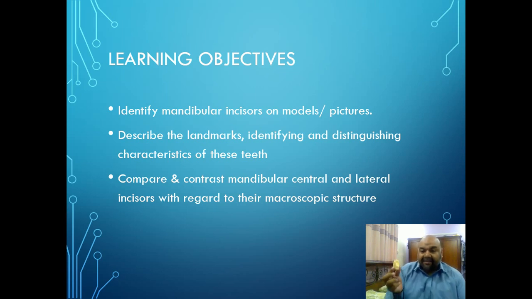We have characterized at least 5 points on each of these five surfaces, so we have something like 25 points of identifying and distinguishing characteristics that can help you identify these teeth and distinguish them from all the other teeth in our oral cavity. The main take-home message is that you should be able to compare and contrast the mandibular incisors.